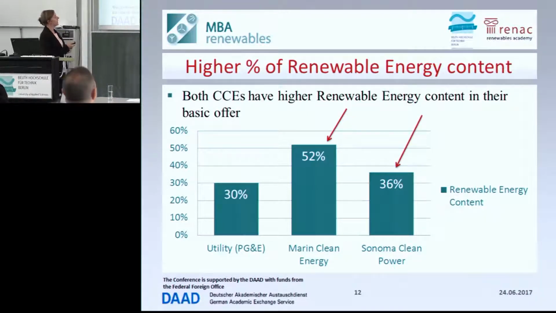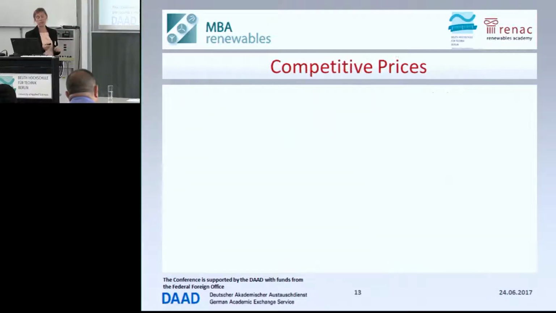And then Sonoma Clean Power has 36% renewable energy, although they also have 40% of hydropower, but in California, renewable energy does not include large hydro. And so here it is only 36%, but in reality, they have like 80% of clean energy. The utility here, in Northern California, is PG&E, Pacific Gas and Electric, and they only have 30% at the moment.